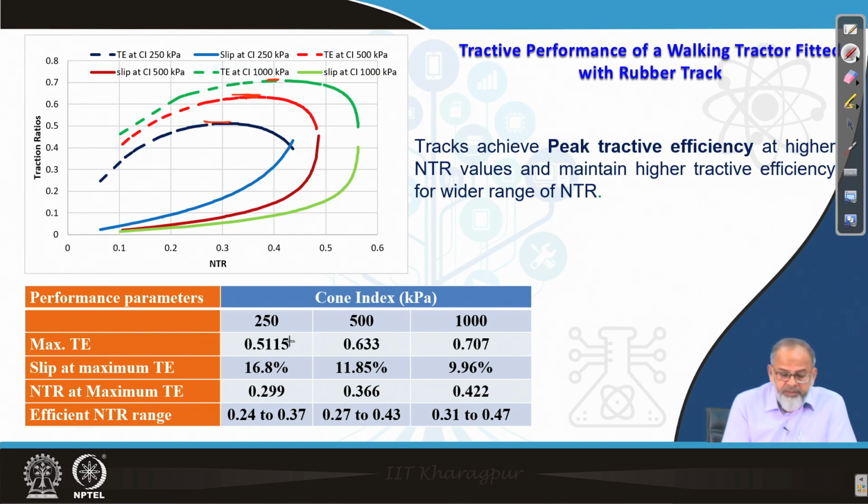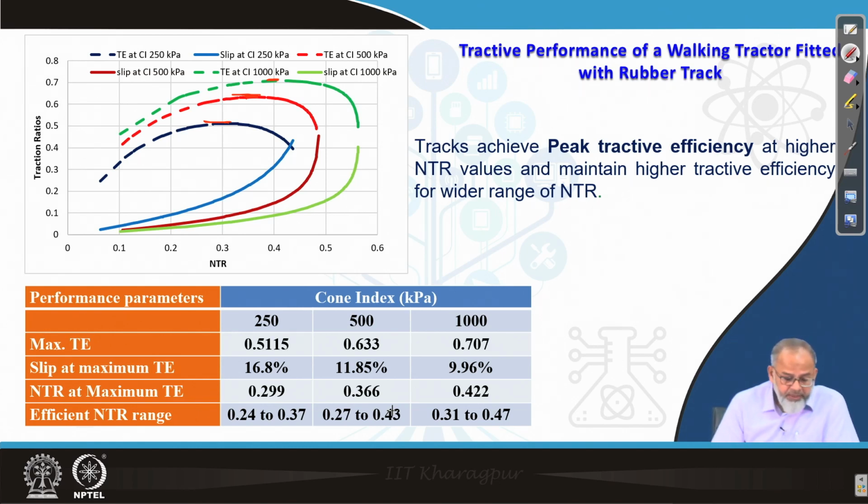So, if you look at the values, again, maximum tractive efficiency values are given. It is maximum in case of hard soil and minimum in case of soft soil. The peak in soft soil is at a higher slip, 16.8%, and the peak of 0.707 is at a track slip of 9.96% in hard soil.